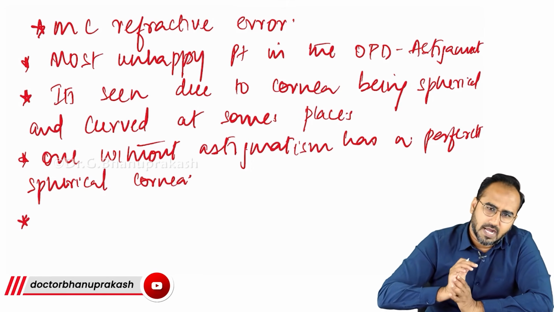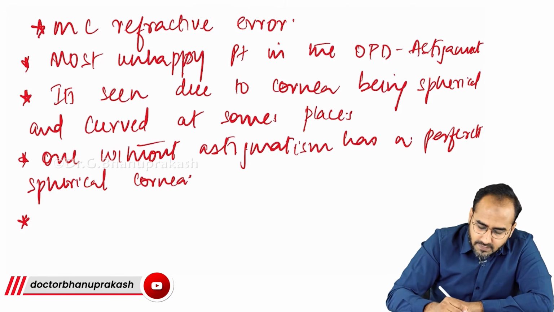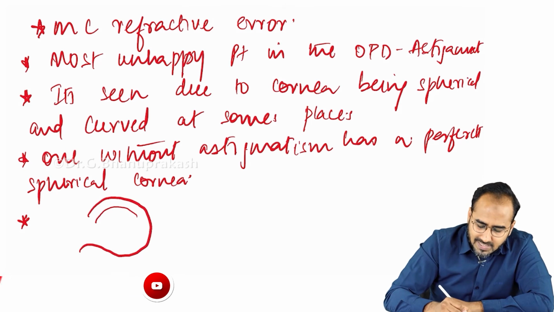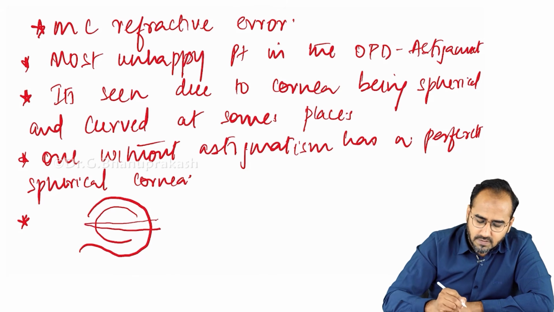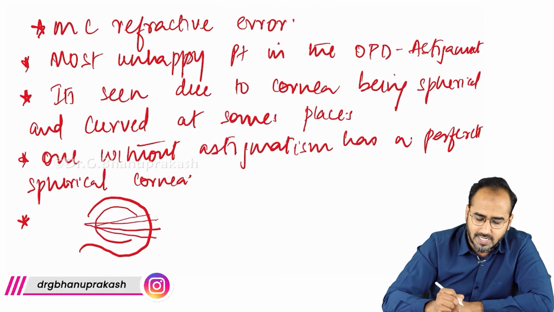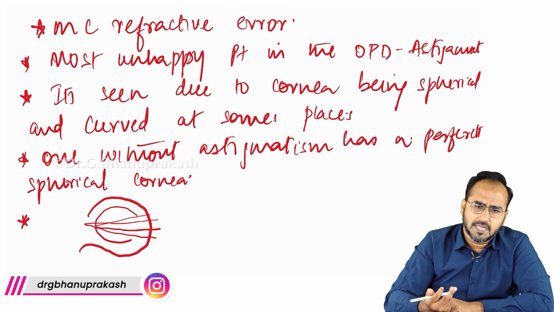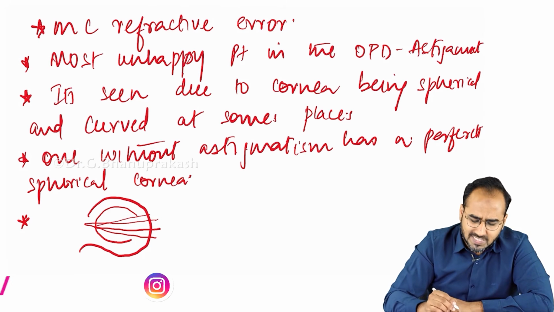Now, I have already told you what astigmatism is. If you want to define it again with the diagram, astigmatism is basically the light rays focusing. There are two different foci of light rays. One is focusing on the retina, one is focusing either in front of or behind the retina. That is myopic or hypermetropic astigmatism.